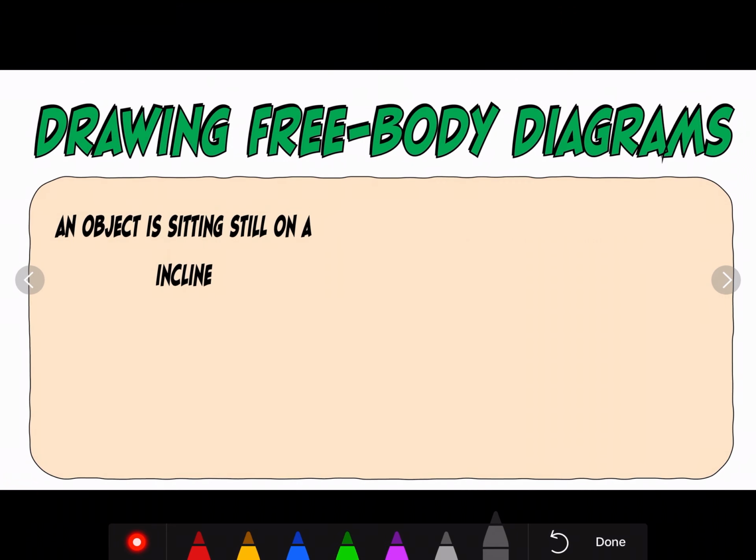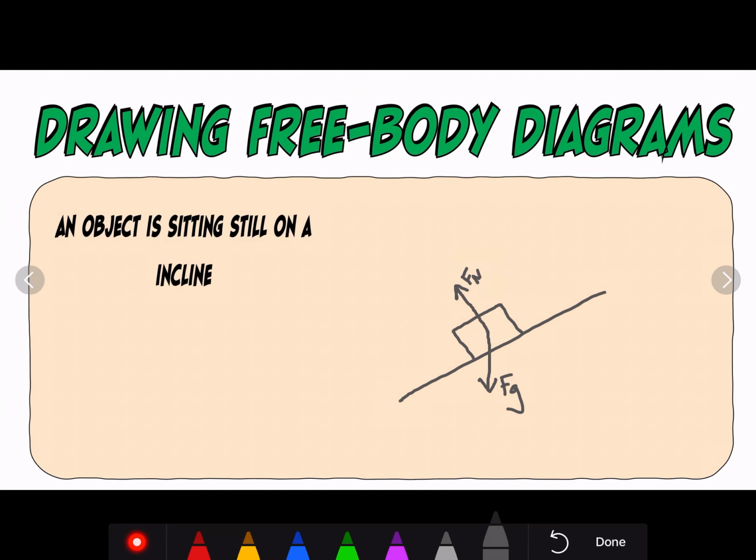An object is sitting still on an incline. So we draw the incline and our object. Gravity always goes straight down. So that's the first force that we'll draw. Then we have normal, since it's sitting still, and normal is always perpendicular to the surface.